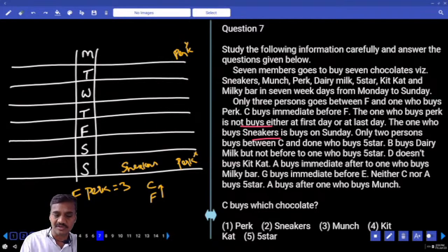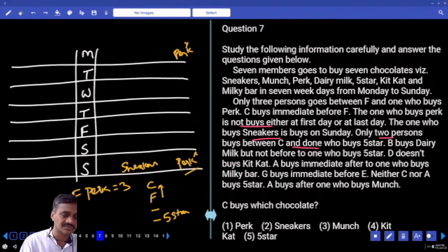Now F and Perk there is exactly 1 person, then can we have F and Perk with 1 person between? And only 2 persons between C and the one who buys 5 Star. Now between C and 5 Star there must be exactly 2 people, and C is here, and there are exactly 2 people between C and 5 Star, and C and F are adjacent.